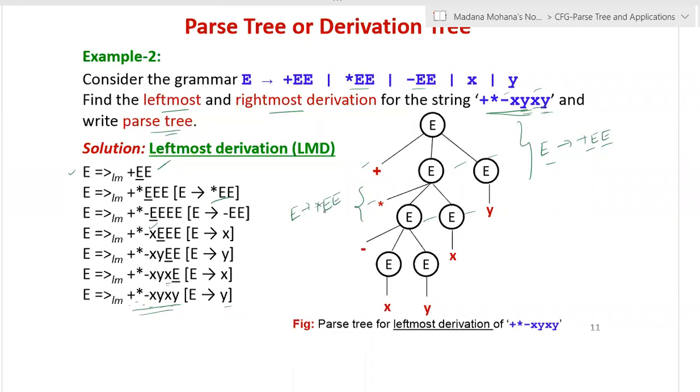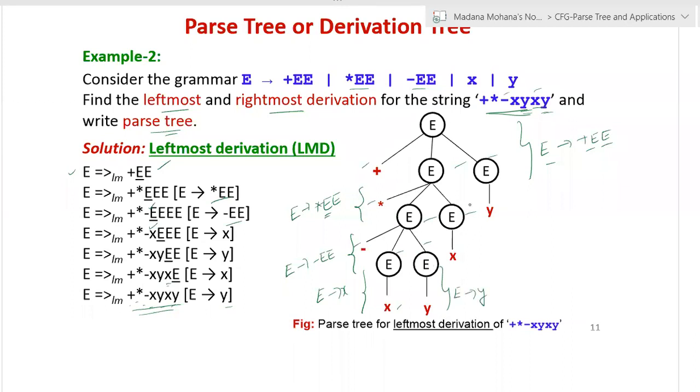Next, the leftmost E is replaced by minus EE, using the production E derives minus EE. Next, the leftmost E is replaced by a terminal x, using the production E derives x. Then the leftmost variable is replaced by a terminal y, using the production E derives y.